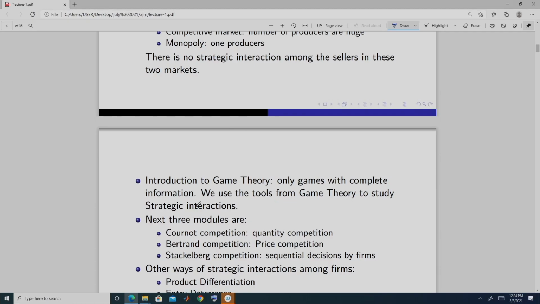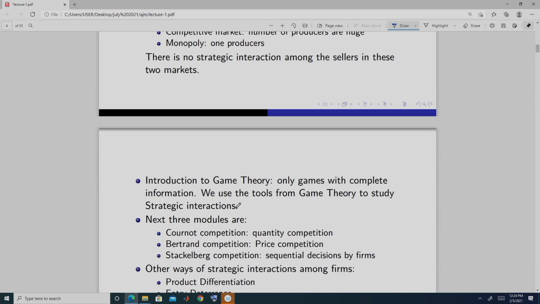To study these kinds of things, we use game theory and tools from game theory, specifically non-cooperative games. Okay, and we will study a little bit of game theory in the next module, and we will only study complete information games, both static and extensive games.